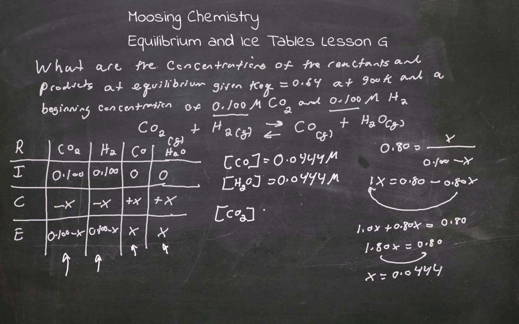CO2 is going to be equal to 0.100 minus 0.0444, and that's going to give me an approximate value. Let me get my calculator. 0.100 minus 0.0444 gives me 0.0556 molarity. That's for my CO2.